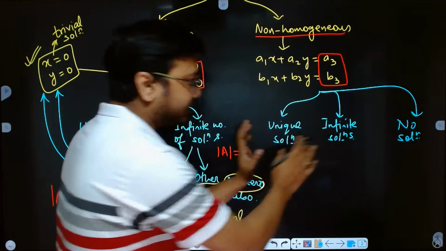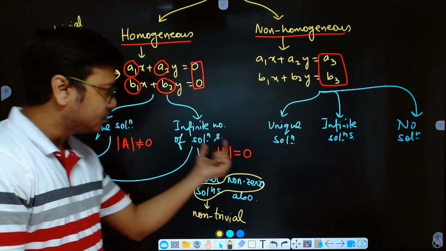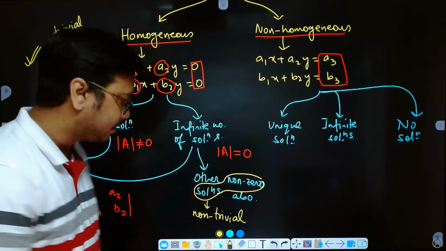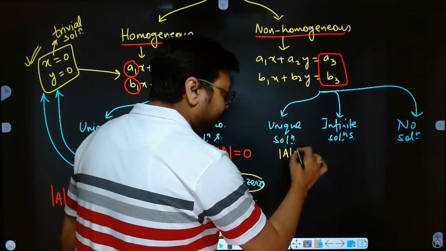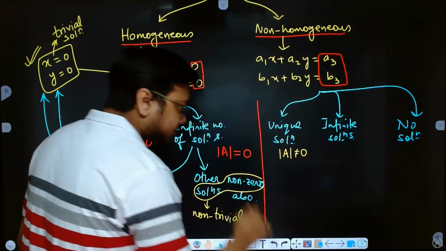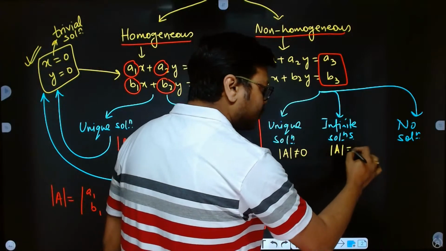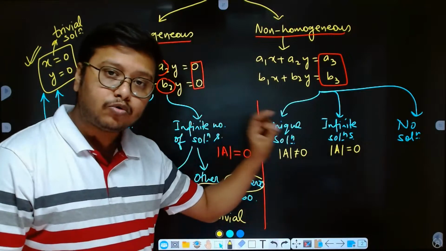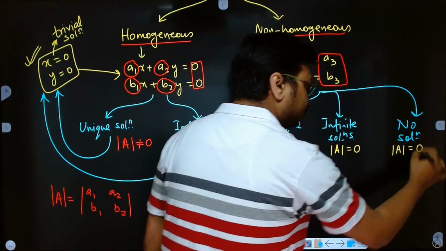For the first 2, the criteria remain the same: determinant of A not equal to 0, determinant of A equal to 0. For a unique solution, determinant A is non-zero. For infinite solutions, determinant A is equal to 0. For no solution, again the same criteria, determinant A equal to 0.